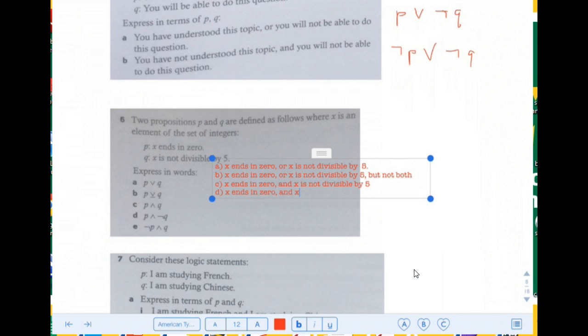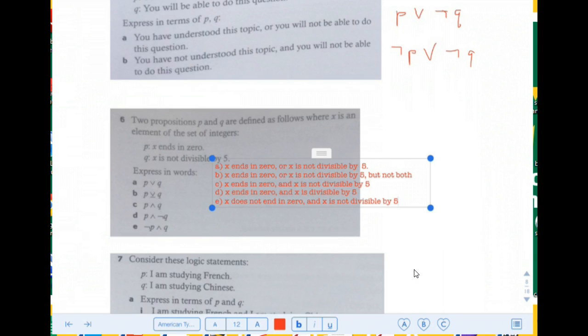E. x does not end in 0, and x is not divisible by 5. Okay? So those are the translation words for those.